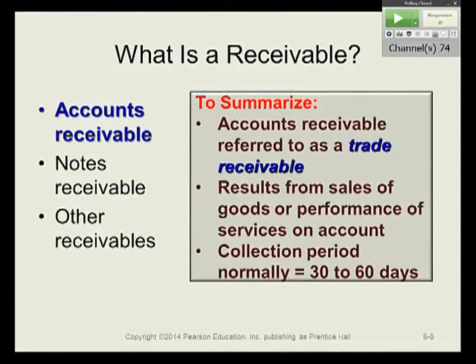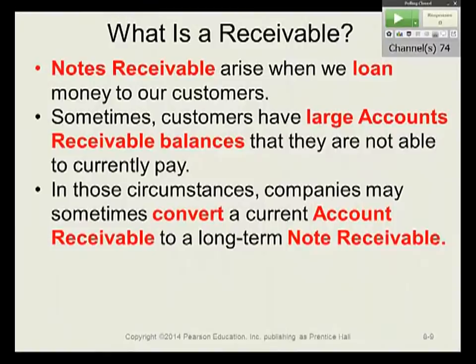They are trade receivables. They will be generated from the normal course of business, part of your normal operations, and the collection period is typically 30 days on an accounts receivable. On a note receivable, this is if you lend money to customers.